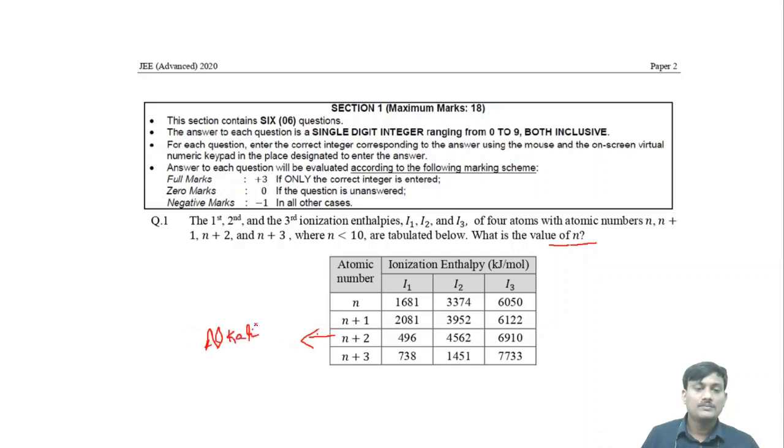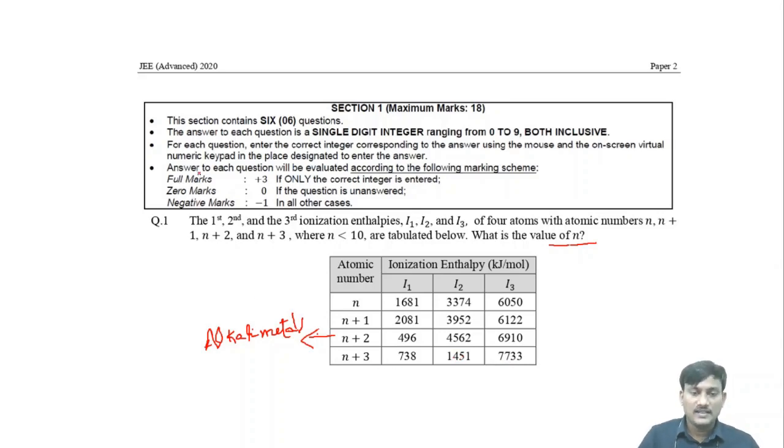We know that for alkali metals the first ionization potential is very low, but the second ionization potential is very high. And if you take n plus 3, the first ionization potential is low and the second ionization potential is also low. But the third ionization potential is nearly 6 times the second ionization potential.